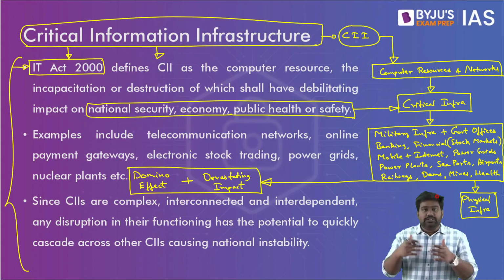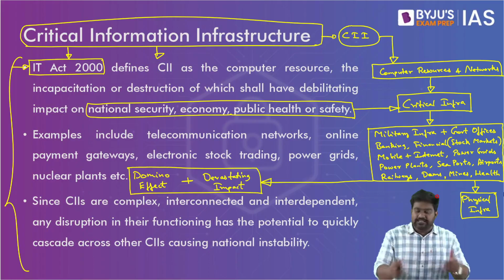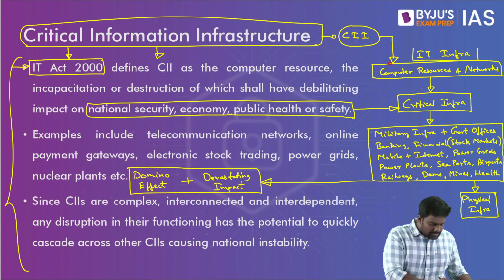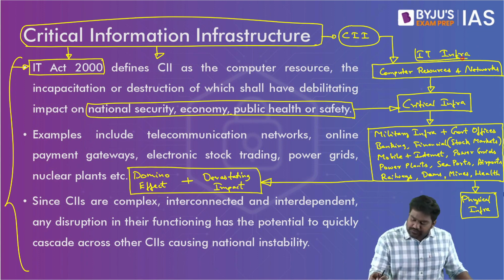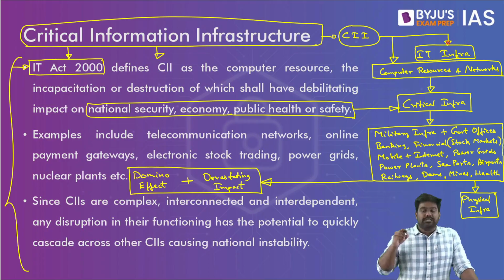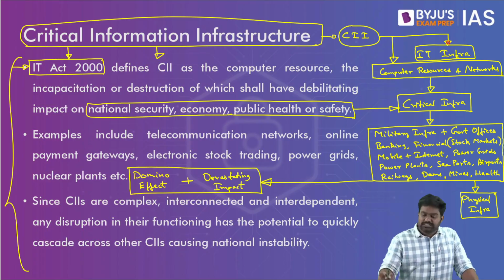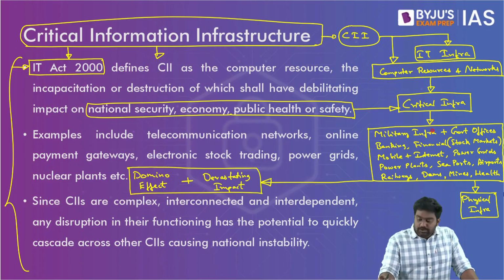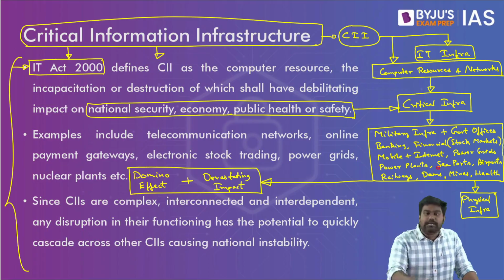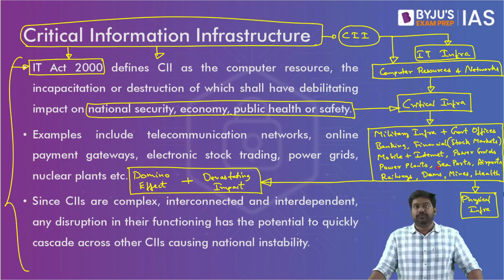And the computers and networks behind it, which are controlling them, basically your IT infrastructure, that becomes your critical information infrastructure. Understood? All the computers and networks which are connected to these critical facilities, running their operations, that IT infrastructure becomes your critical information infrastructure.